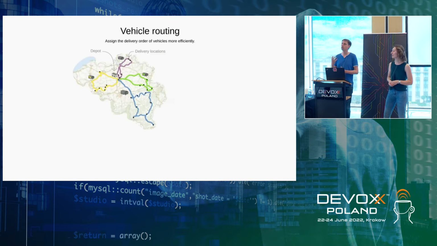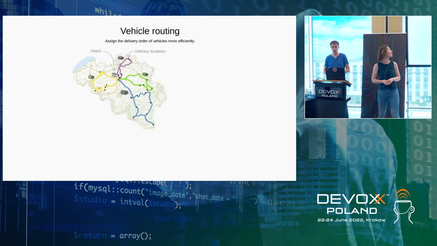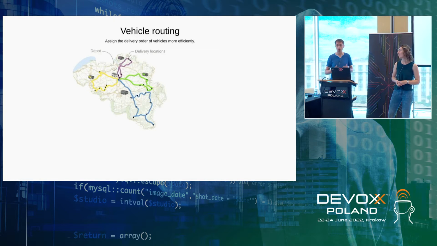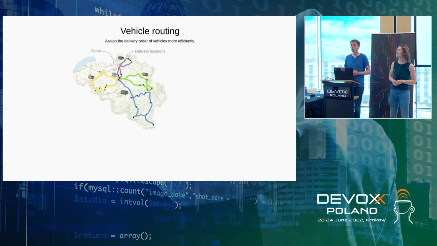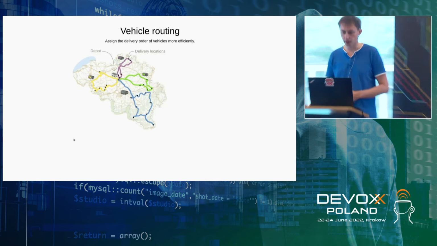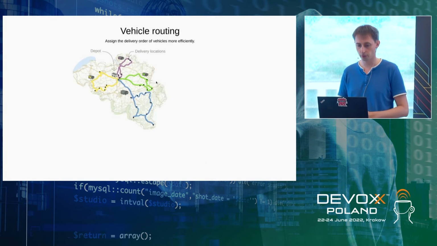One of the things you can solve with these algorithms is the vehicle routing problem, where we need to decide which vehicle goes to which location to, for example, do a drop-off or a pickup, or a technician that has to go to locations across the country to perform a certain service. Here we have four vehicles.